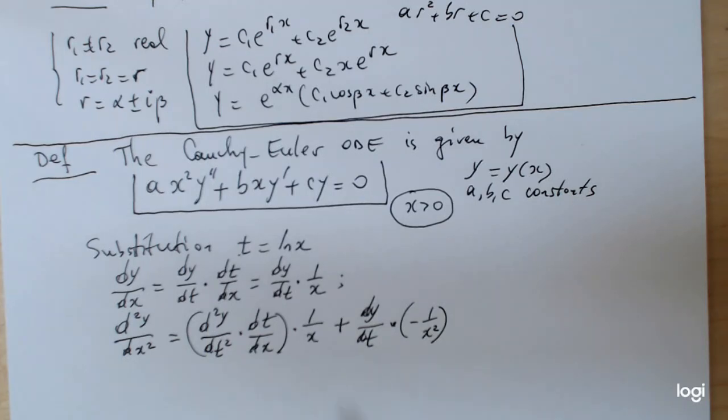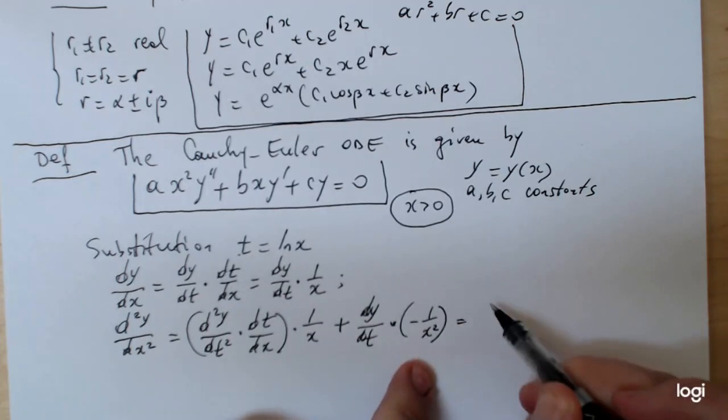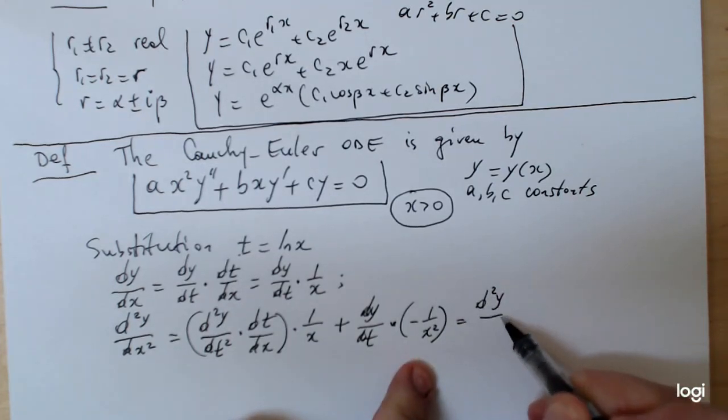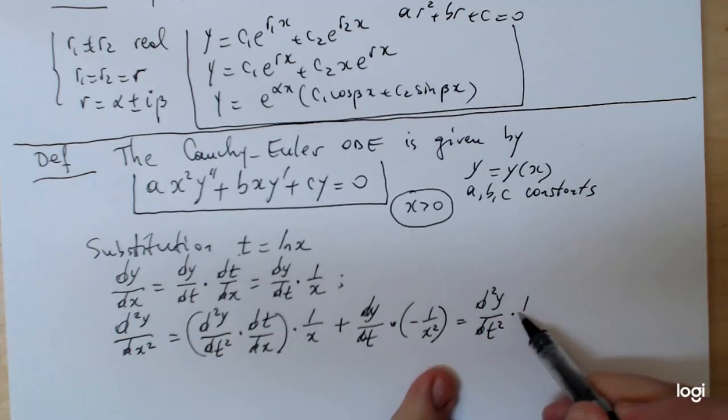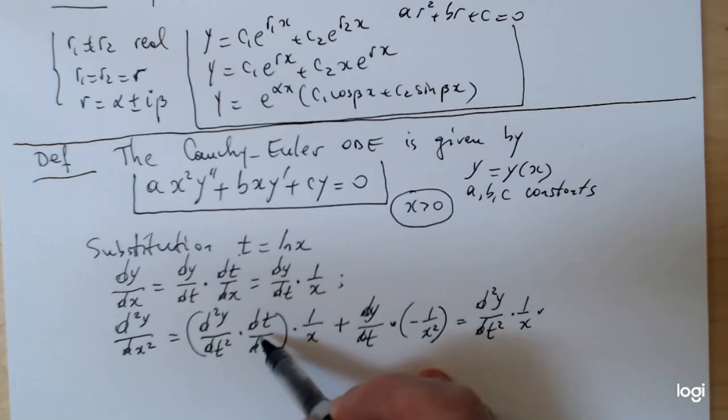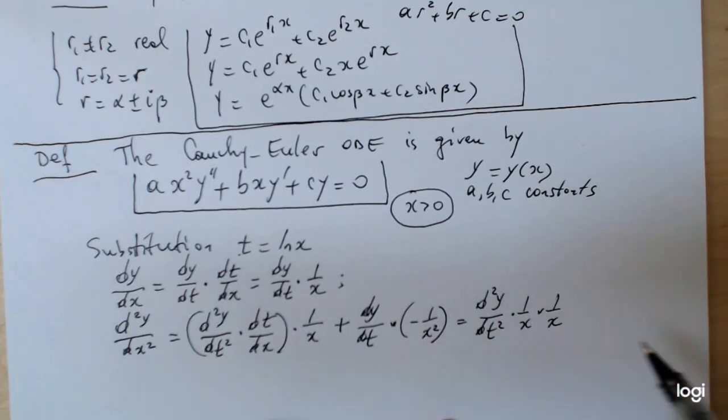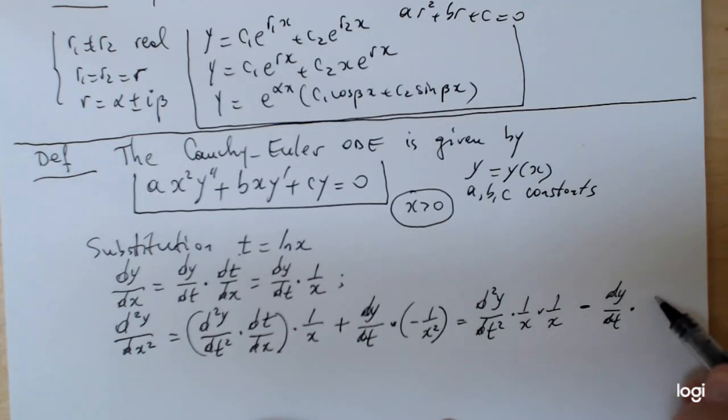So dt dx is 1 over x again. So let's simplify this a little bit. d2y dt squared times 1 over x from dt dx times another 1 over x minus dy dt times 1 over x squared.